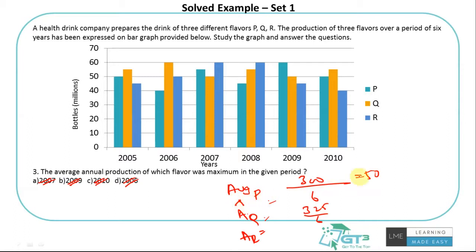Average P is 300 by 6, Q is 325 by 6. So that's good enough, I don't need to find more. And AR would be 45 plus 50, 95 plus 60, 155 plus 60, 215, 215 plus 45 is 260, 260 plus 40 is 300. Again, I'll get 300 by 6. So these two are not highest, AQ is highest. The average annual production of flavor Q is maximum in the given period. That's why the answer is Q.